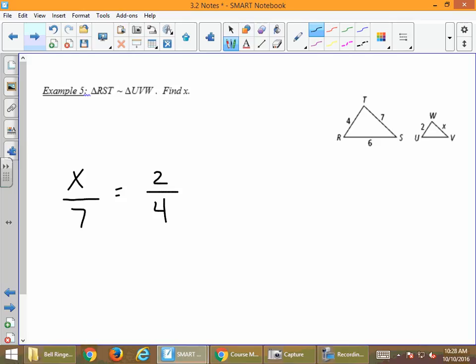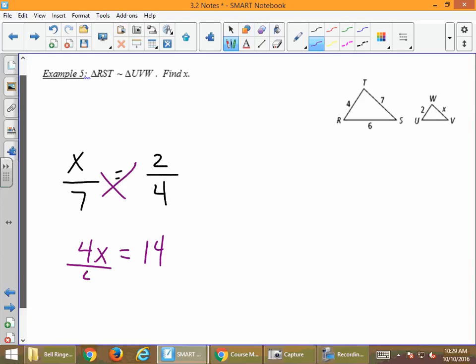How would we solve this? So x times 4 is what? And 7 times 2 is? 14. Divide by 4. X equals what? 3.5, or 7 over 2.